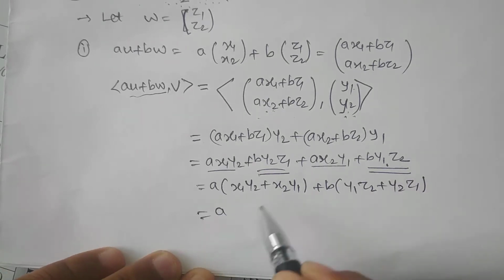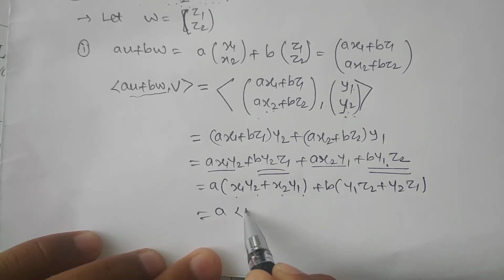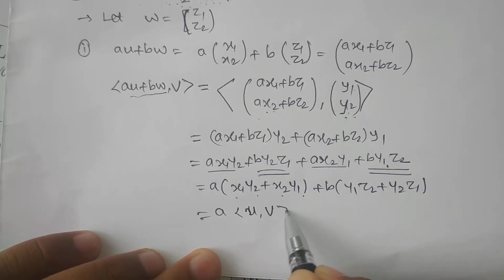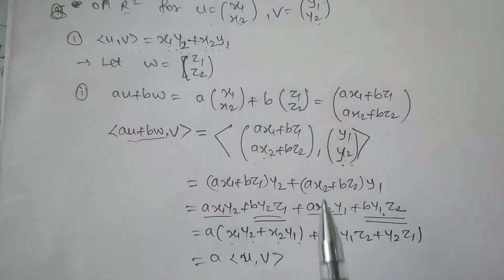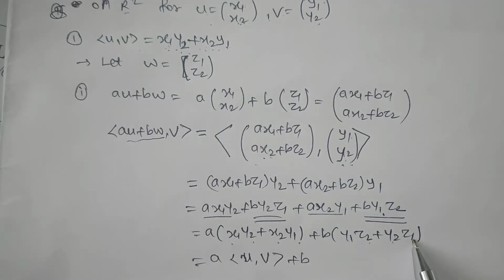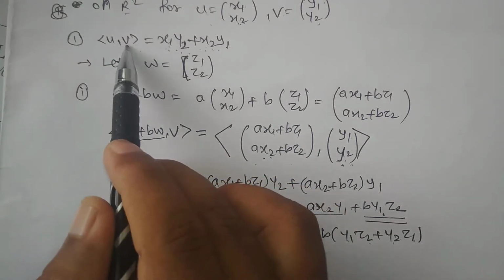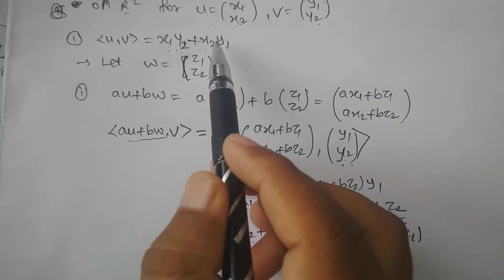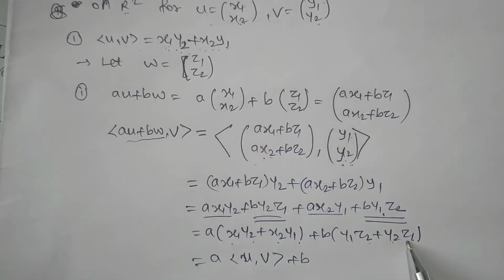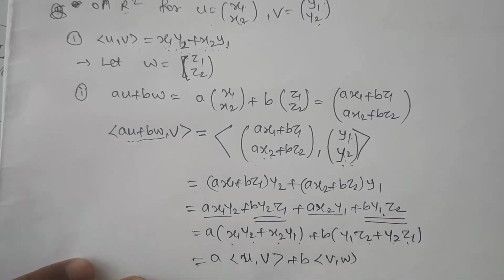So this is equal to a into x1 y2 plus x2 y1, which is nothing but the inner product of u comma v. This is the definition actually. Plus b into y1 z2 plus y2 z1. If we replace u by v and v by w, we get y1 z2 plus y2 z1, which is nothing but the inner product of v comma w.